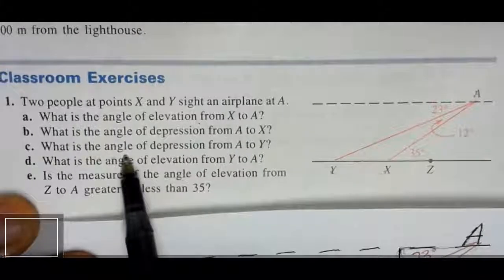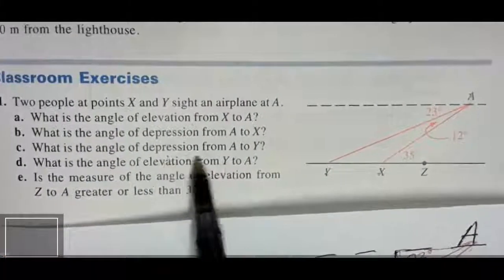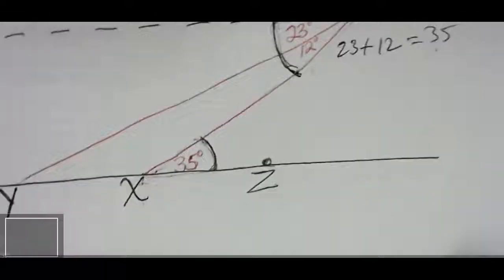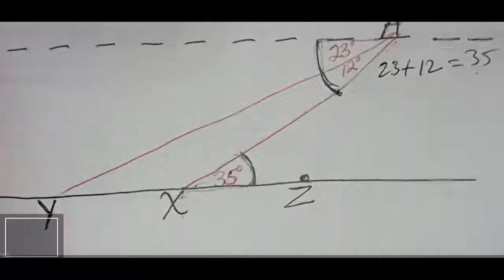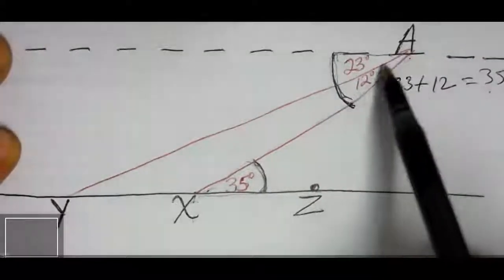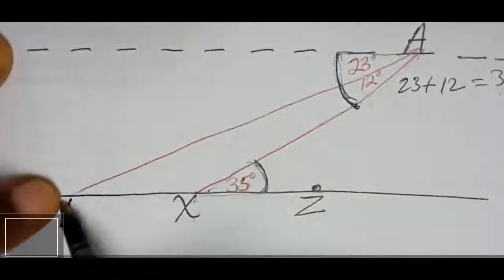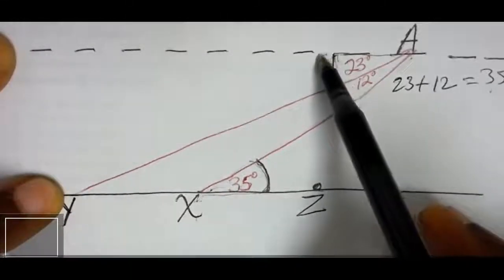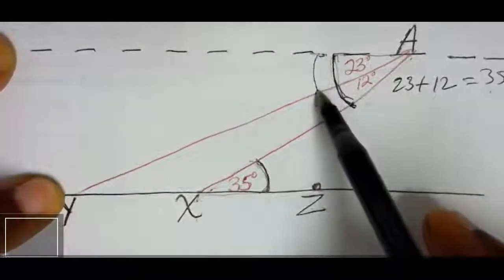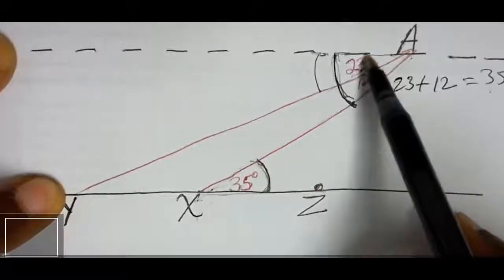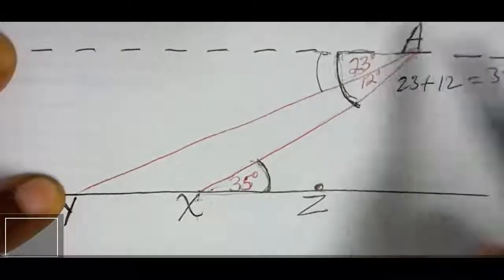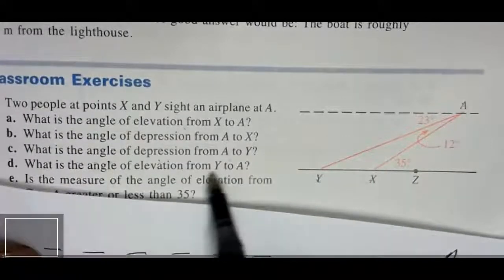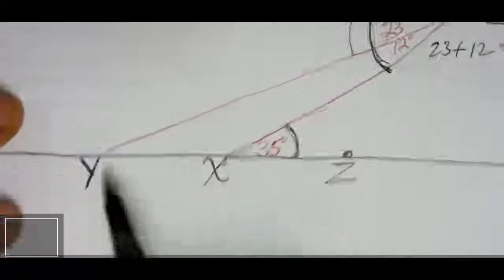Here, what is the angle of depression from A to Y? AY. So we go to Y. So angle of depression A to Y. So we start from that horizontal and draw our angle to end at AY. So it's 23. See, it makes angle 23. What is the angle of elevation from Y to A?